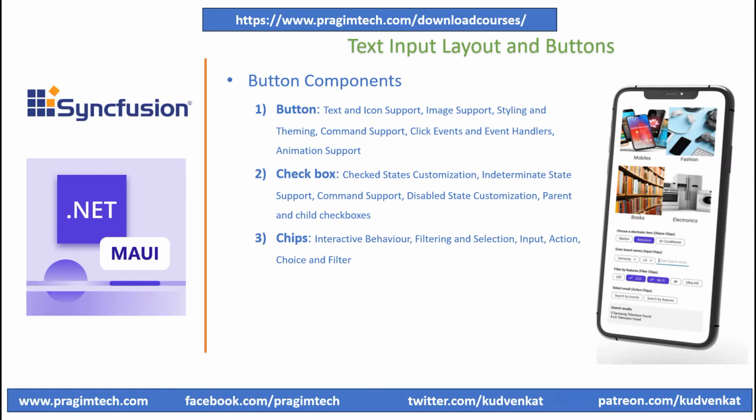Chips control supports filtering and selection features, allowing users to filter content to make selections based on the chips displayed. You can customize the appearance of the chips by adjusting various properties such as background color, text color, border, and more, ensuring that the chips align with your application's visual design. Chips can be further categorized as input chips, action chips, choice chips, and filter chips.